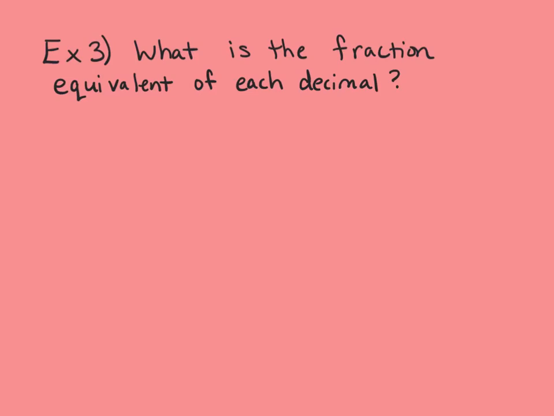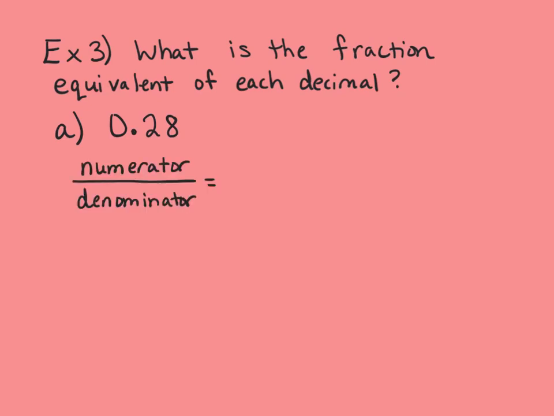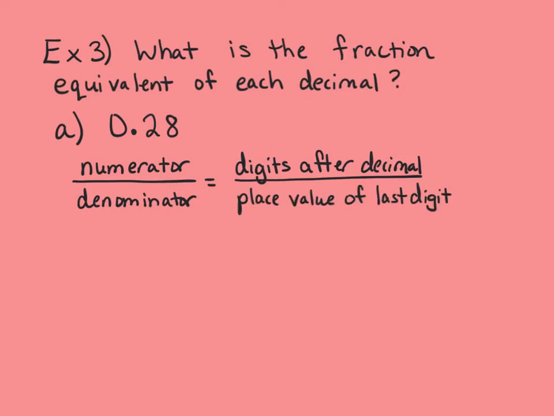Example 3, what is the fraction equivalent of each decimal? The first problem is 0.28. The fraction is a numerator over a denominator, where the numerator is the digits after the decimal, and then the denominator is the place value of the last digit.